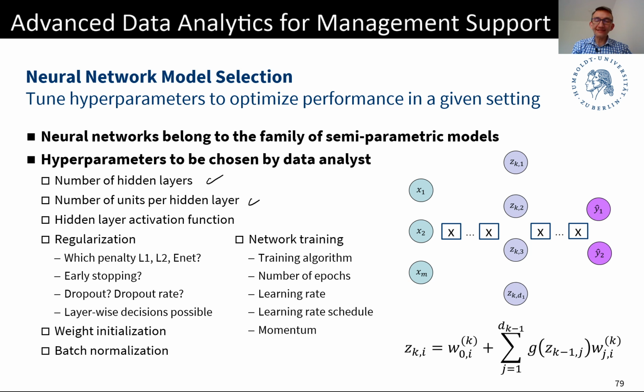Then there is the hidden layer activation function. Of course, you can decide whether you want to use sigmoid, tanh or ReLU. As I said, quite often nowadays you use the ReLU function, as it's a little bit more robust towards all these issues that can impede the training of the neural network with saturations and zero gradients and etc. But still, for certain type of problems, the tanh might work just better.